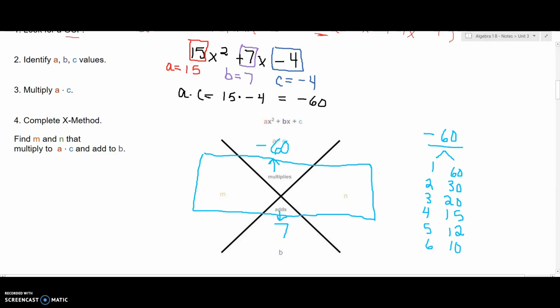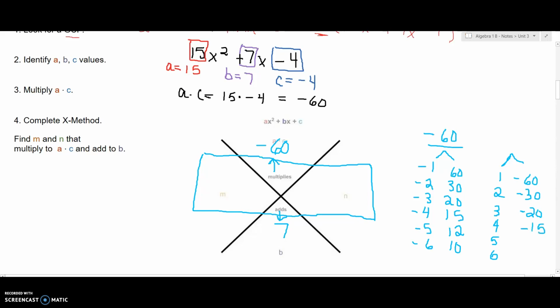And we know that this has to be a negative 60, so one number has to be negative. So when I add these together, we actually have two sets of factors because we can have all the positive ones on the left, or on the right.